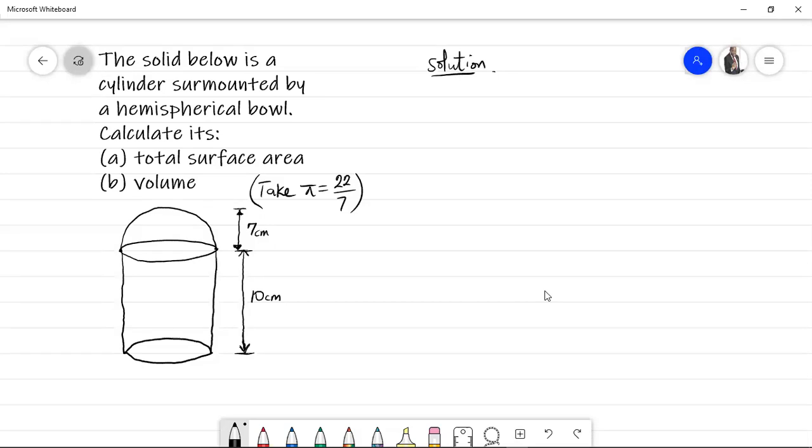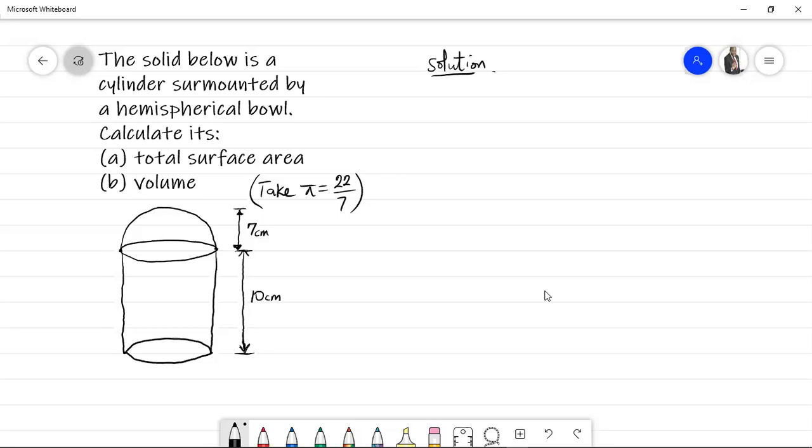Okay, this is a composite shape, a combination of two different shapes. The first one is a cylinder and the other one is a hemisphere.